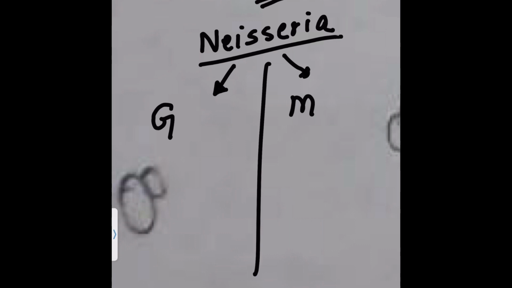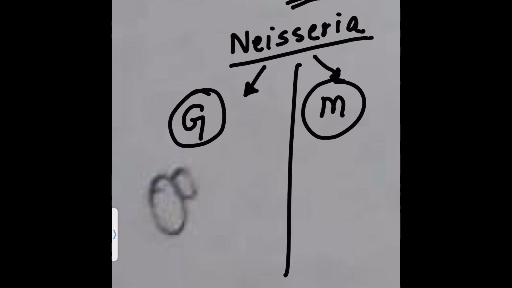The basic similarity is, they are both diplococci, and they are found intracellularly, inside the monocytes or macrophages. Two points: intracellular and diplococci.